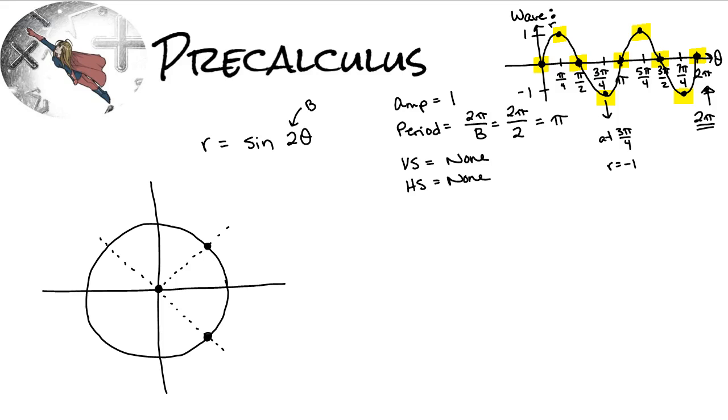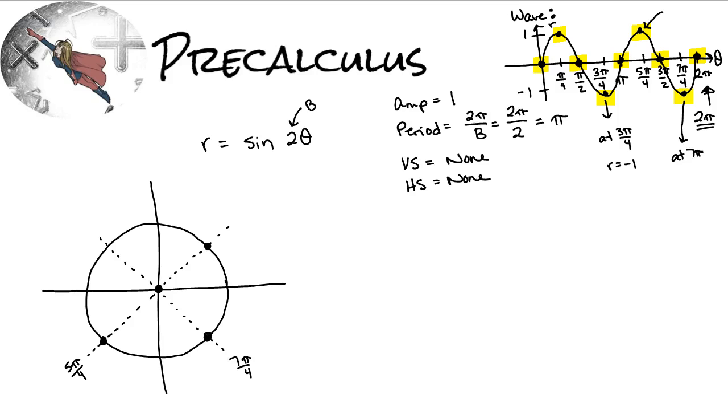Then at 5 pi over 4, which is located here, I can even label these. If you look at our wave, the radius is 1, so that puts a point here. At 3 pi over 2, it's back to 0. That's just the origin again. At 7 pi over 4, which is over here, I'll draw a little arrow.